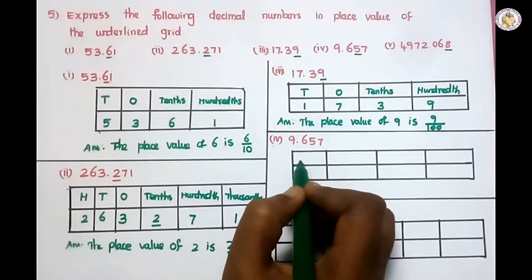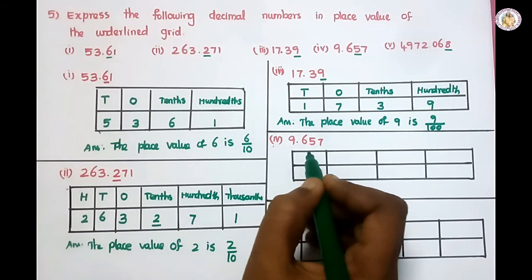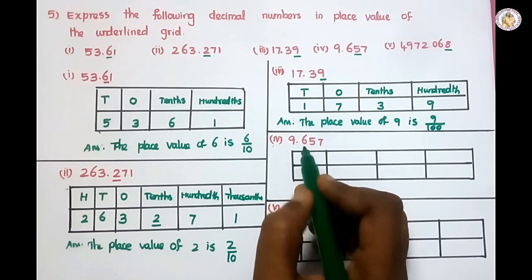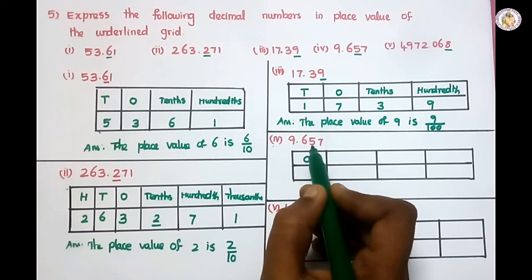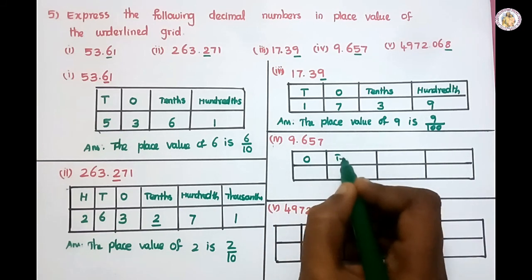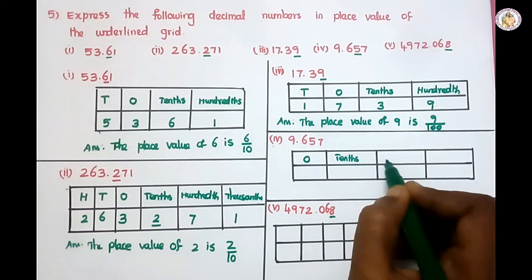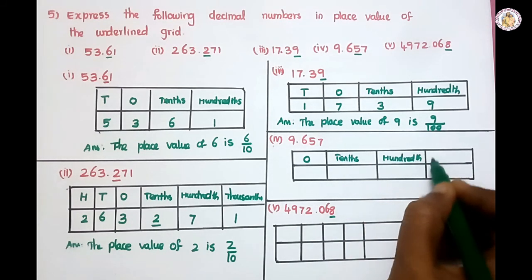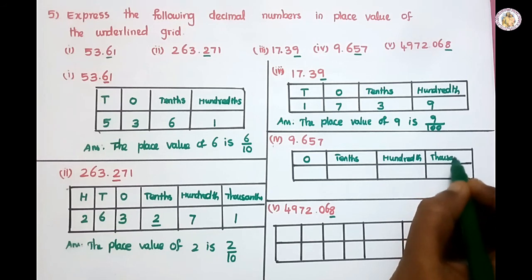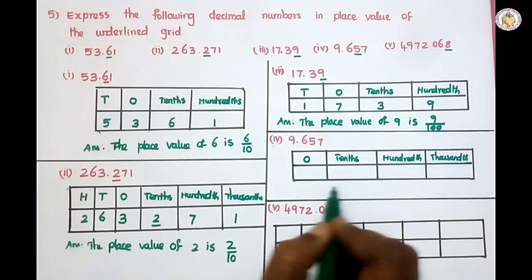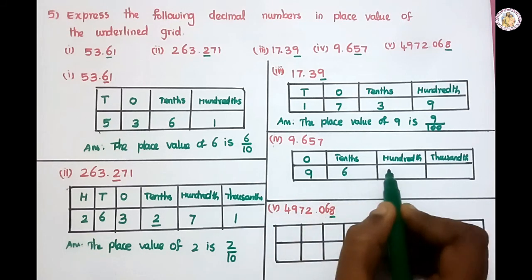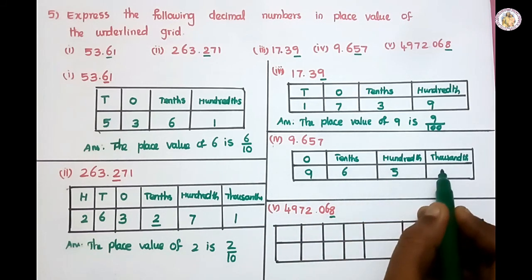Next one, 9.657. So ones only there. 657, that is tenths, hundredths, thousandths. Now 9, 6, 5, 7.